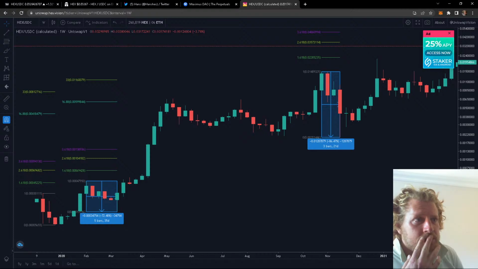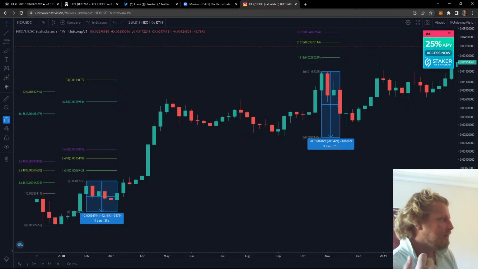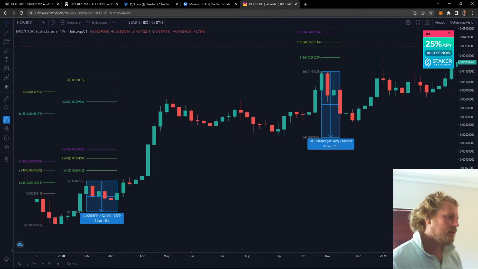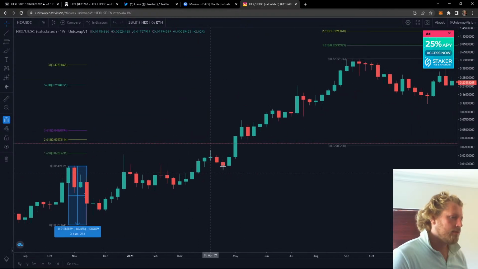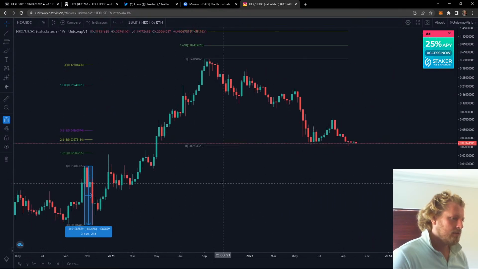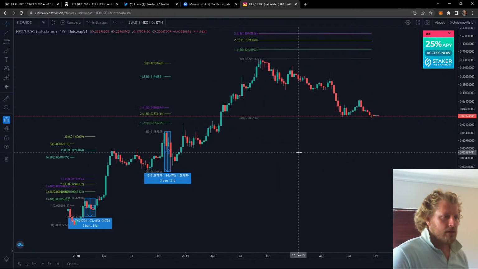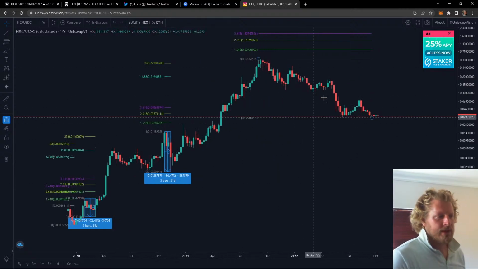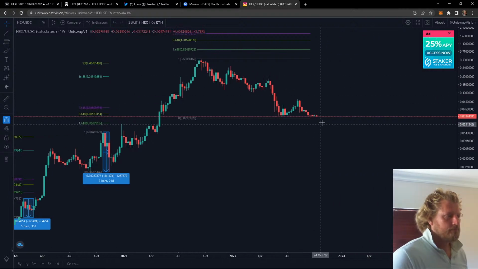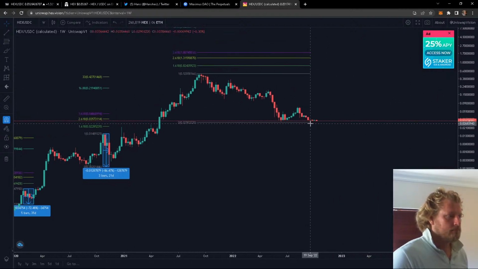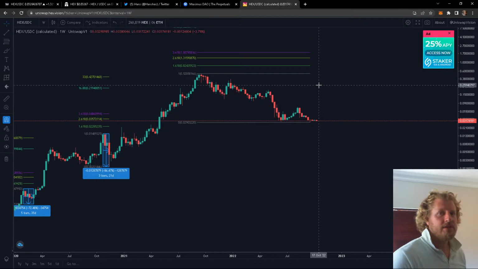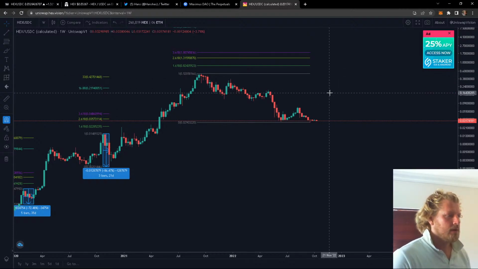It's very, very possible. These things tend to do the most ridiculous stuff, and one more thing that's going for Hex is it trades on decentralized exchanges almost exclusively, and we know they move exponentially. That's just how the formula works of these automatic market makers.